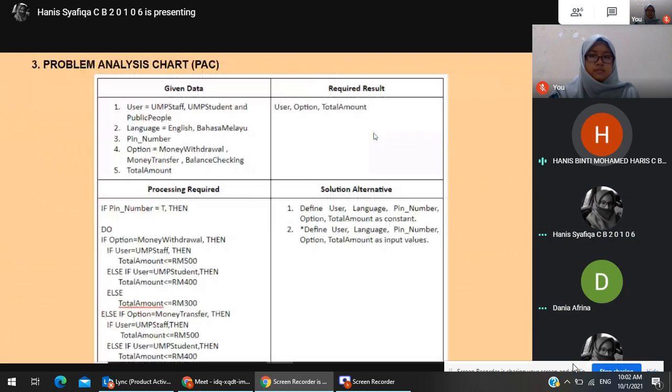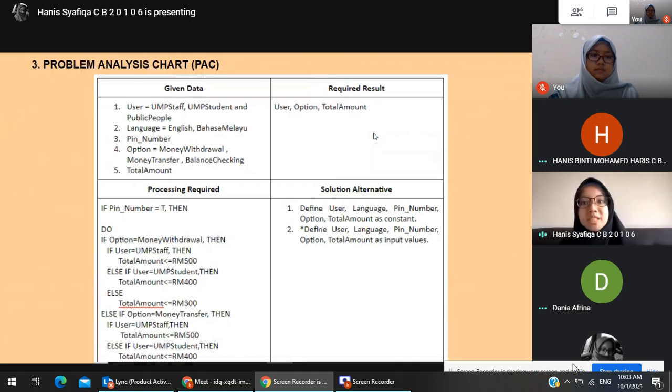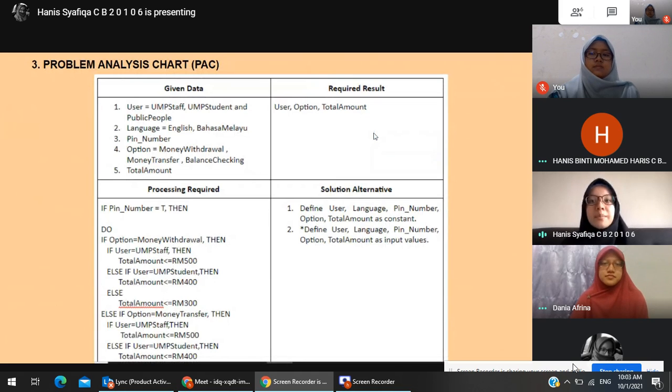Okay, next. This is the problem analysis chart. The given data is user language, which is English and Malay, enter PIN number, option, and total amount. Process required: if the PIN number is true, then the users have to choose an option, whether it is money withdrawal, money transfer, or balance checking. Then the users have to choose student, staff, or public.